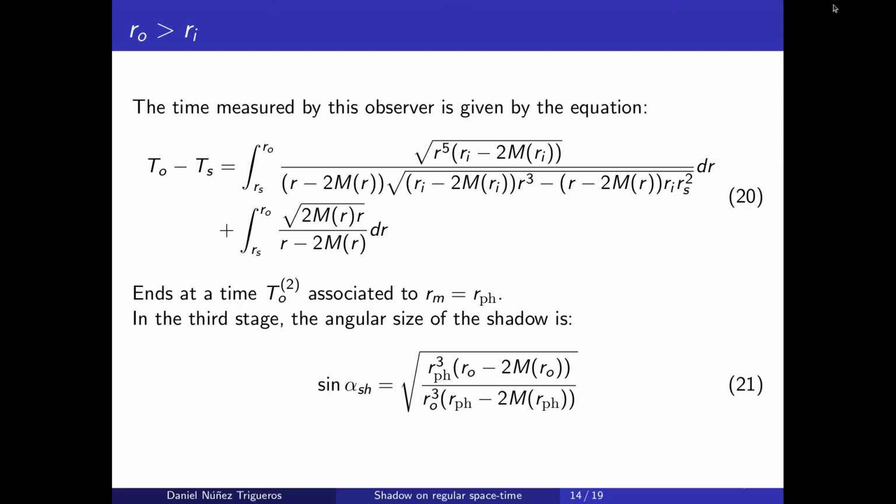So at that time, the second stage finishes, and you could label it another time, T02, that is associated with the minimal radius equal to the radius of the photosphere. And for the rest of the collapse, the photons only describe circular orbits around the photosphere, and so the angular size of the shadow becomes again constant. And this is the value.